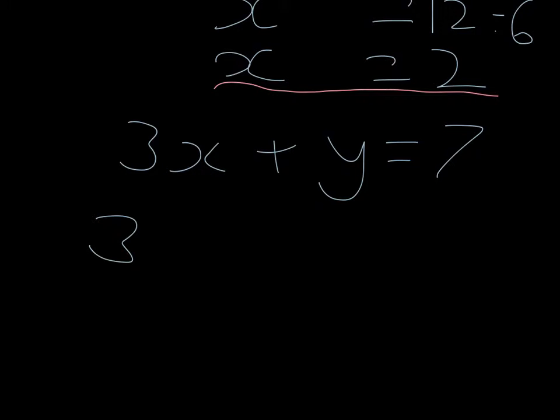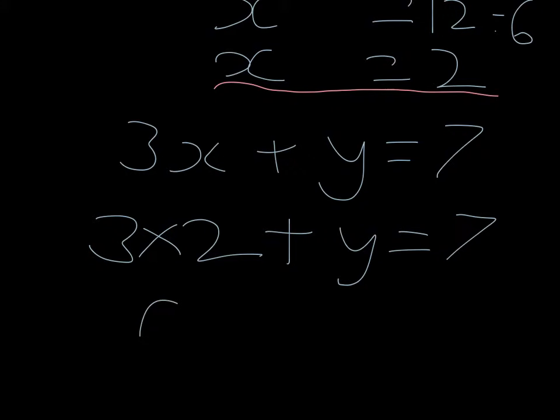So I'm going to write 3. I'm replacing the x with a 2. So 3x means 3 times x, so 3 times 2 plus y is equal to 7. 3 2s are 6. We've still got the plus y, and we've still got the 7.